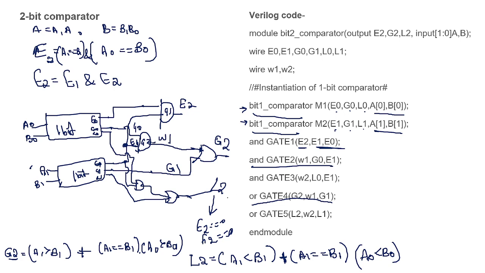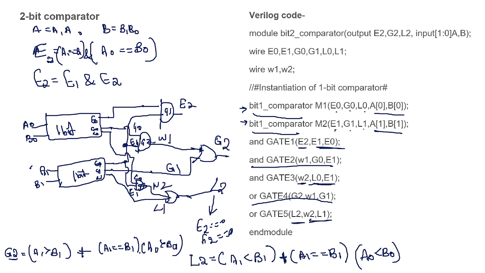Then for less than, we will have the third gate. Either L1 should be 1, or L0 should be 1 and E1 should be 1. So E0, E1, L0, and the output I am storing in W2. So W2 or L1 gives me L2.